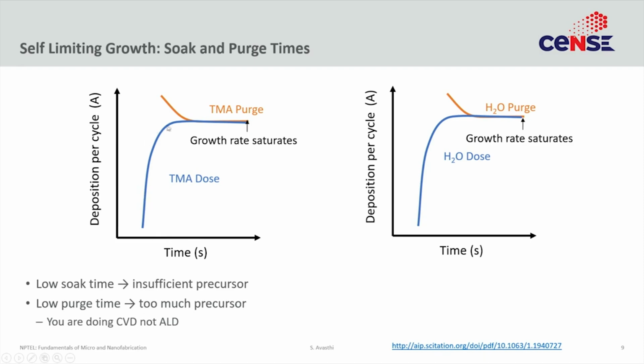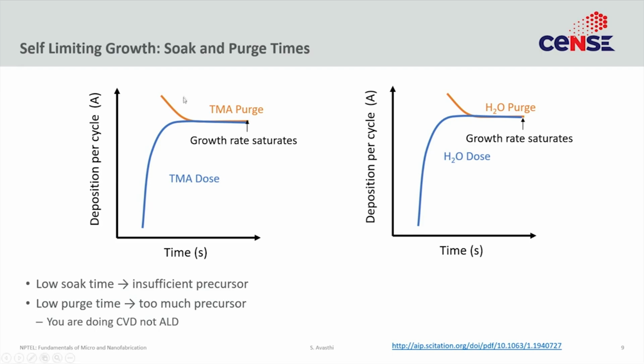But once there is enough time for component A to form a self-limiting layer on top of the substrate, increasing the dose time further, which is this blue TMA dose, does not do anything, the growth saturates. So, what should be the optimal length of your dose cycle? It should be exactly this time. Any less and you have suboptimal ALD, any more and you are just wasting time.